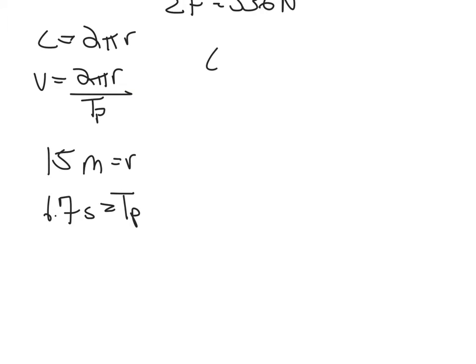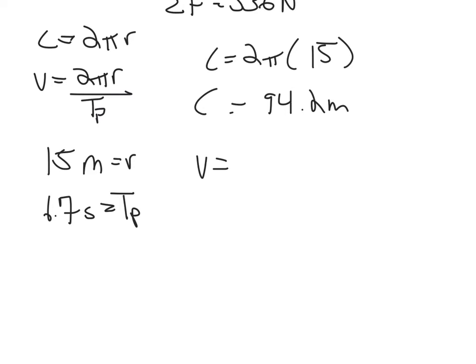First, I'm going to find the distance around that circle, and that is 2 pi times the radius, which was 15. So 30 pi, or 94.2 meters is my circumference. So my velocity is going to be 94.2 over this 6.7 seconds.